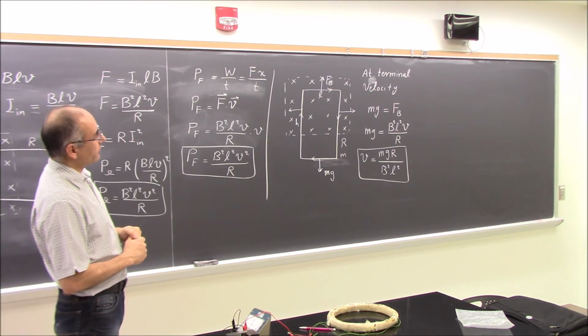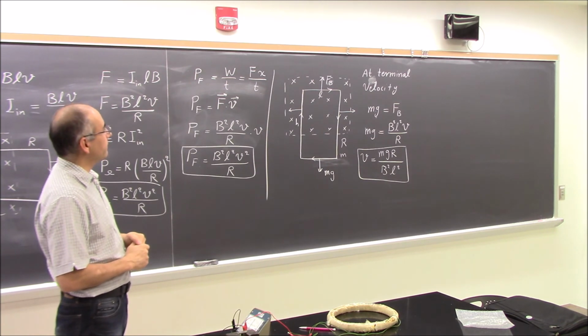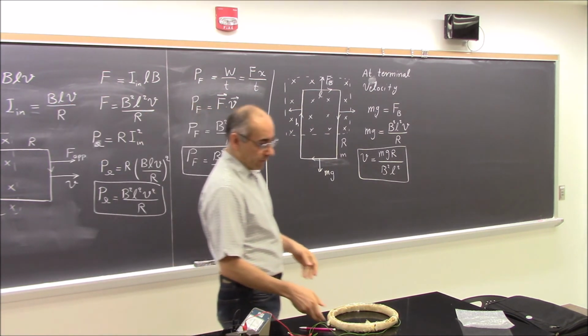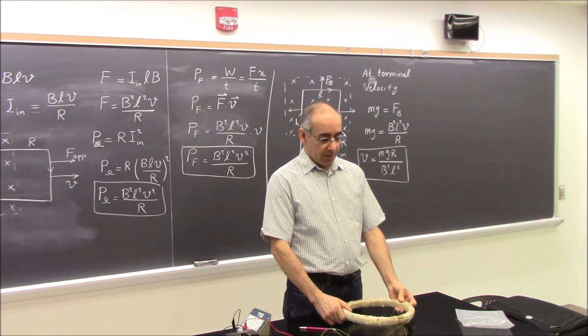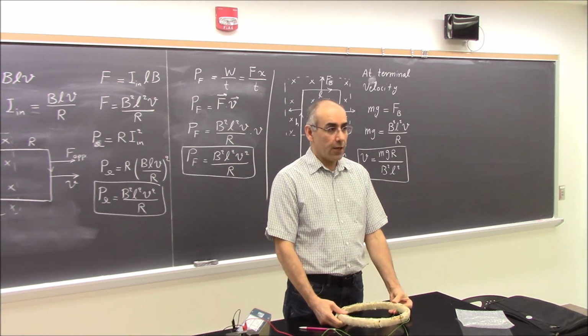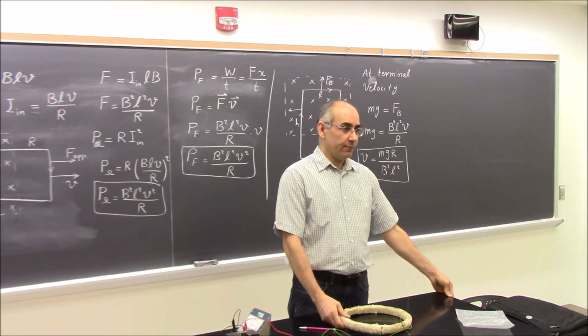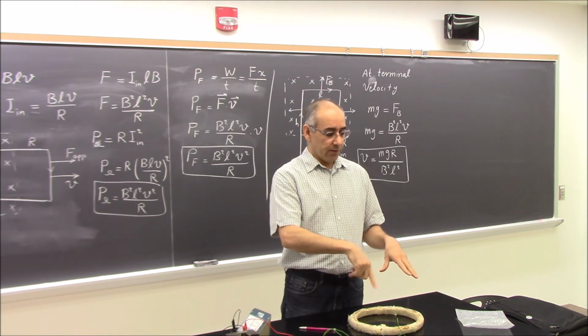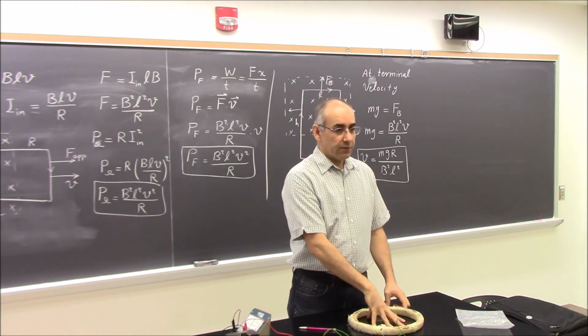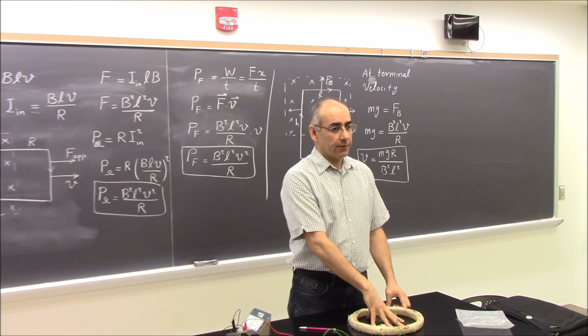And also, this kind of induced current has other applications too. For example, if you have this coil of wire and it's sitting on a good conductor, like let's say this table was made of copper. If you put alternating current, the magnetic field changes the flux into the conductor.